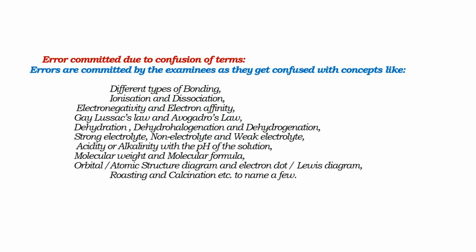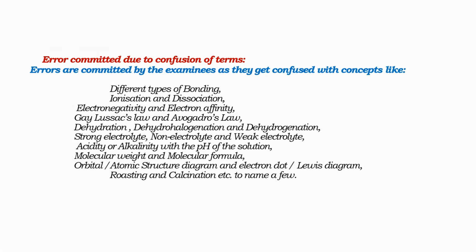Errors are committed by the examinees as they get confused with concepts like different types of bonding, ionization and dissociation, electronegativity and electron affinity, Gay-Lussac's law and Avogadro's law, dehydration, dehydrohalogenation and dehydrogenation, strong electrolyte, non-electrolyte and weak electrolyte, acidity or alkalinity with the pH of the solution, molecular weight and molecular formula, orbital or atomic structure diagram and electron dot or Lewis diagram, roasting and calcination, etc.